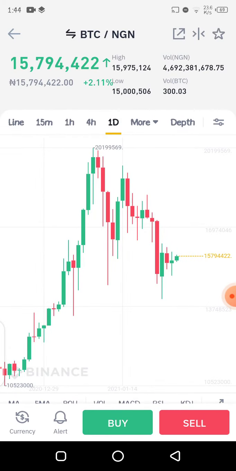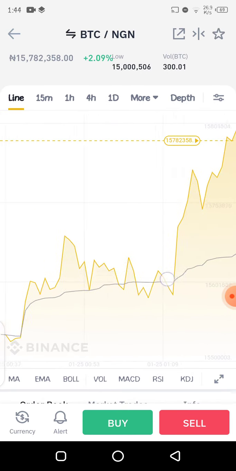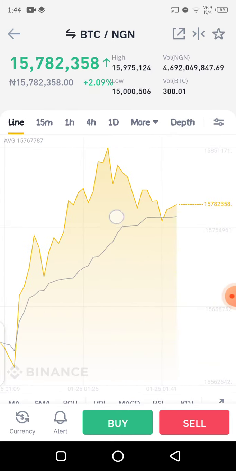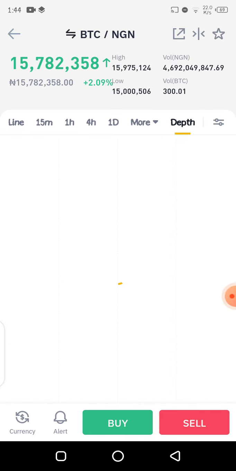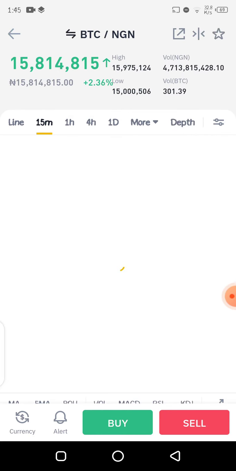Here you can make it a favorite by tapping on this star on top, and tapping on it again to remove it from favorites. Here we can make it a line chart, because we can make this whole graph a line chart, right? Or a depth chart, like so.